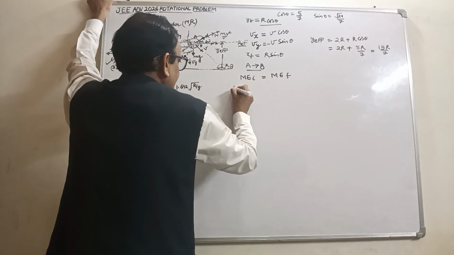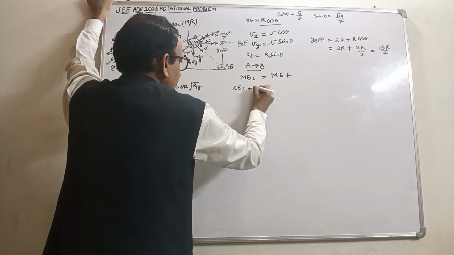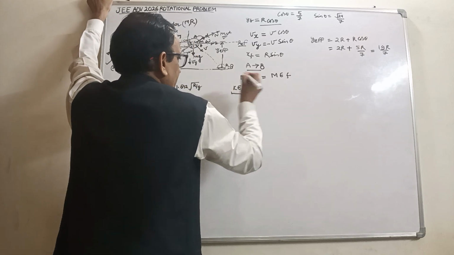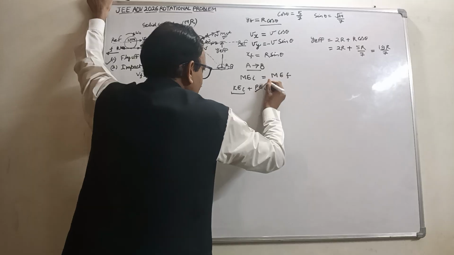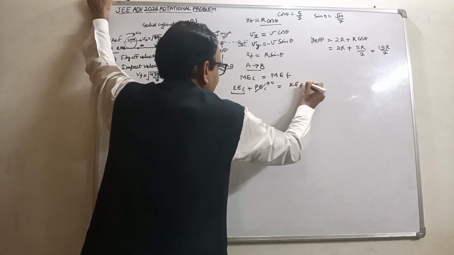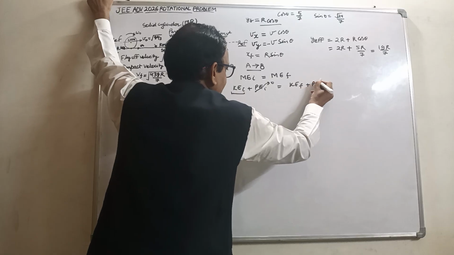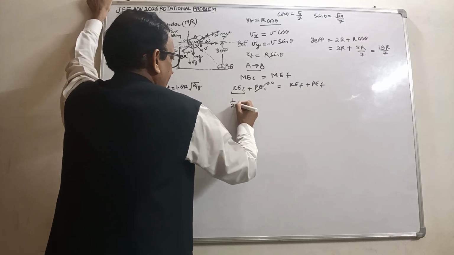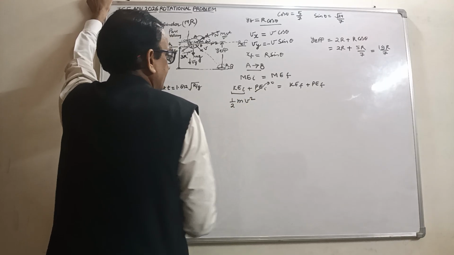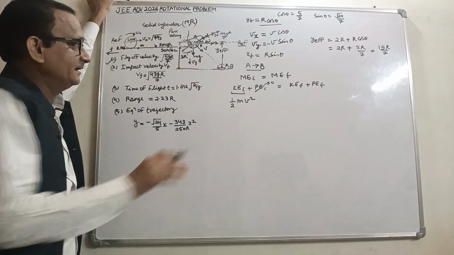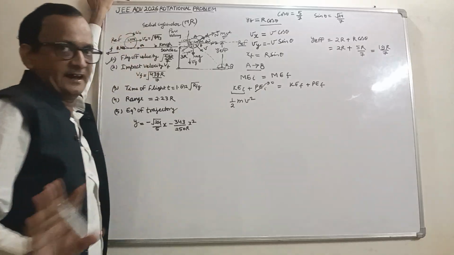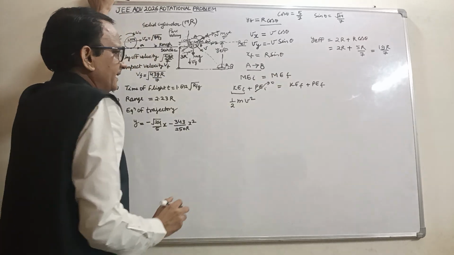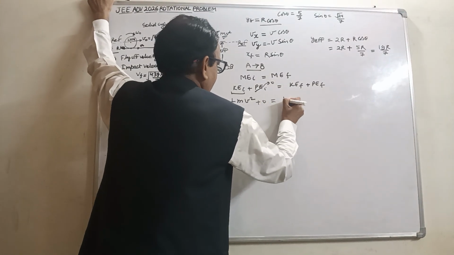Here the kinetic energy initial plus potential energy initial. There are two types of kinetic energy, translational and rotational. The potential energy initial would be zero. Kinetic energy final plus potential energy final. Kinetic energy would be half m v square, and the rotational energy in this scenario and that scenario would be the same, so it cancels out.